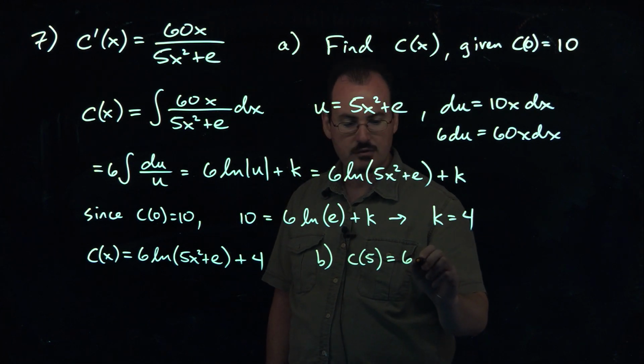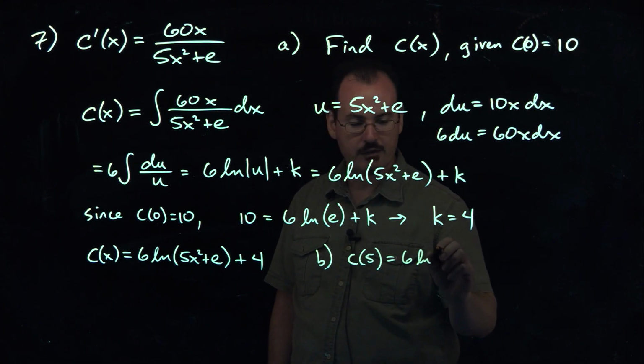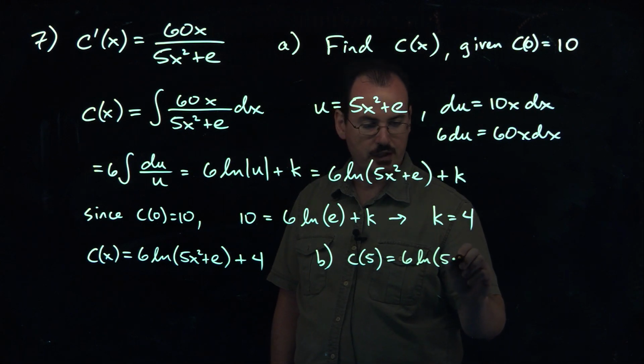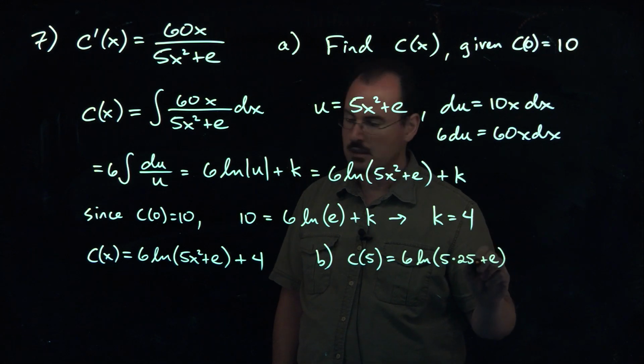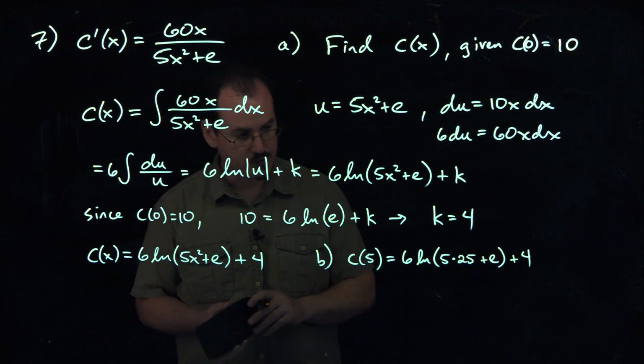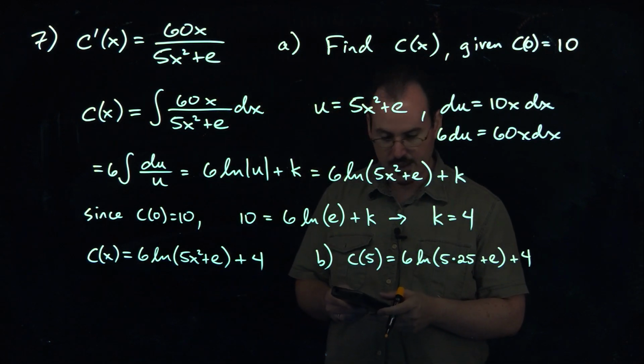So 6 natural log of 5 times 5 squared, that's 25, so let's just say 5 times 25 plus e plus 4. And remember, this is all in thousands of dollars, so once we get our answer here, we'll have to multiply it by 1,000 and see what we get.